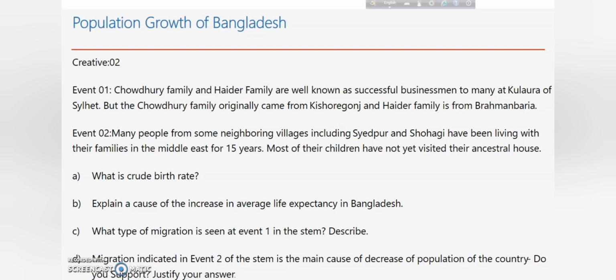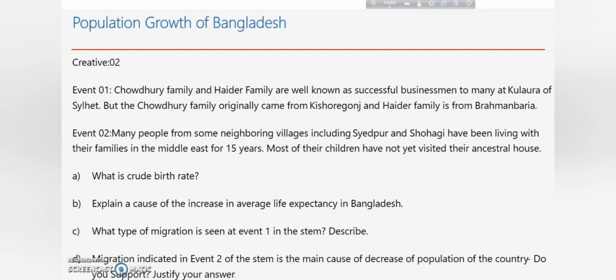Here is a creative question from your book. In event 1: Chaudhary family and Haider family are well known as successful businessmen to many at Kulaura of Sylhet, but the Chaudhary family originally came from Kishoreganj and Haider family is from Brahmanbaria.